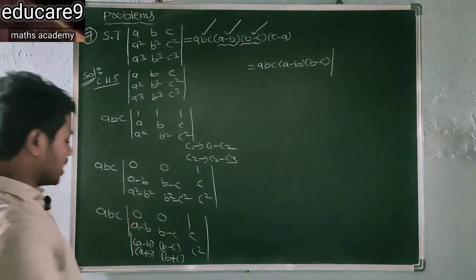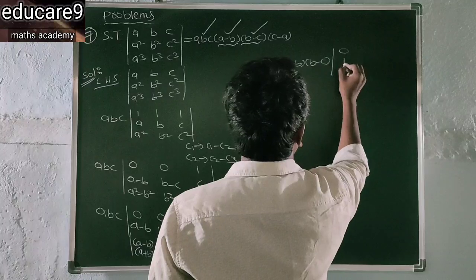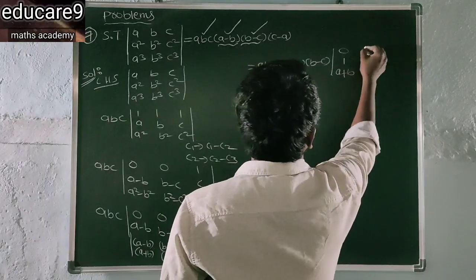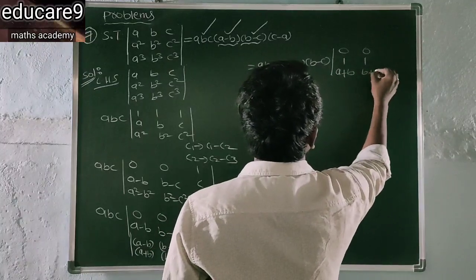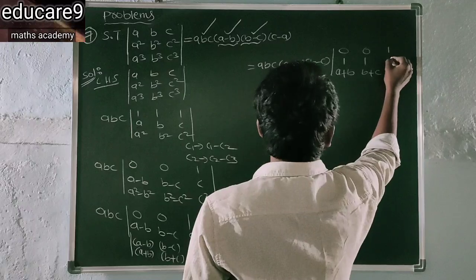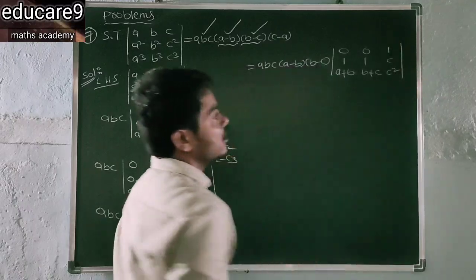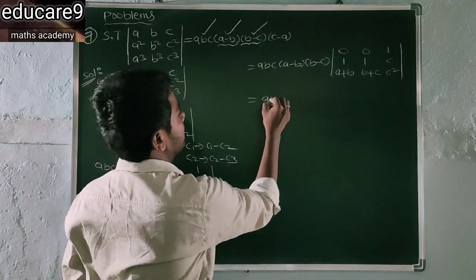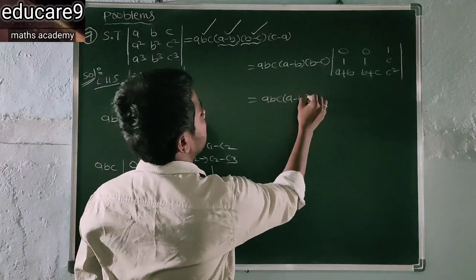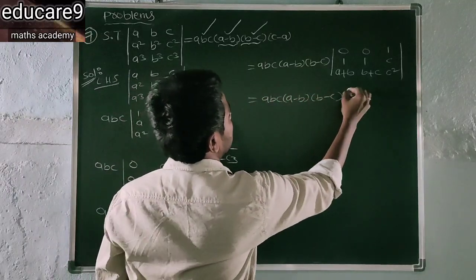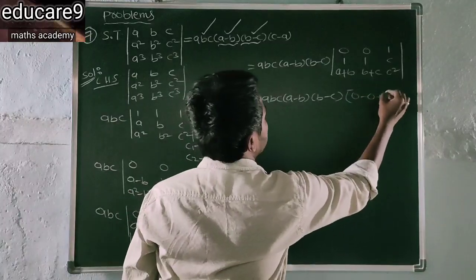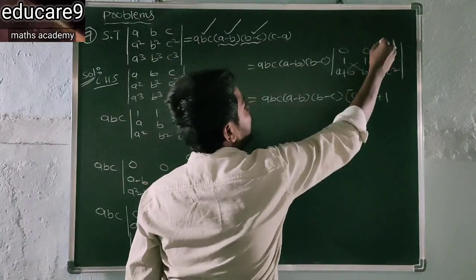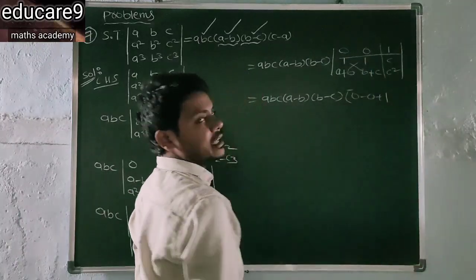So clearly this is what? 0 1 A plus B, 0 1 B plus C, 1 C C square. Now find this determinant. So what will you get? ABC, A minus B, B minus C, C, 0 minus 0 plus 1 into, so delete the corresponding column, corresponding row.